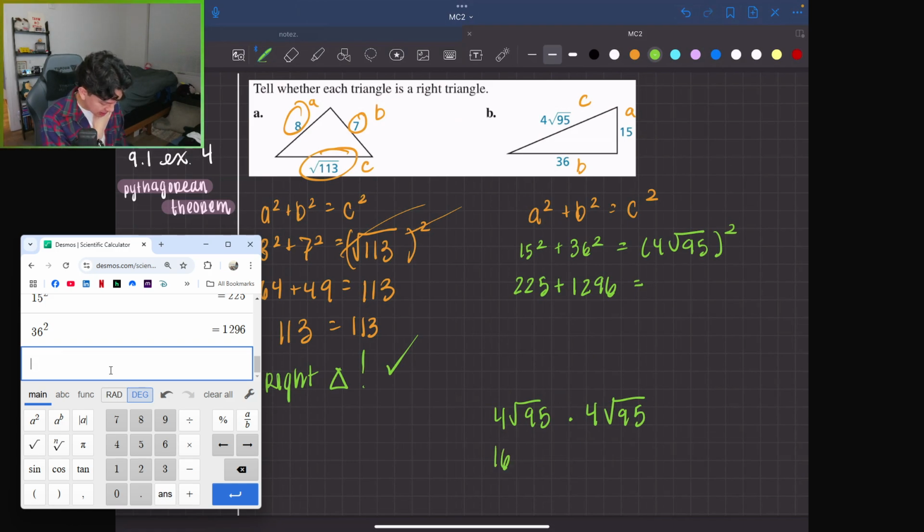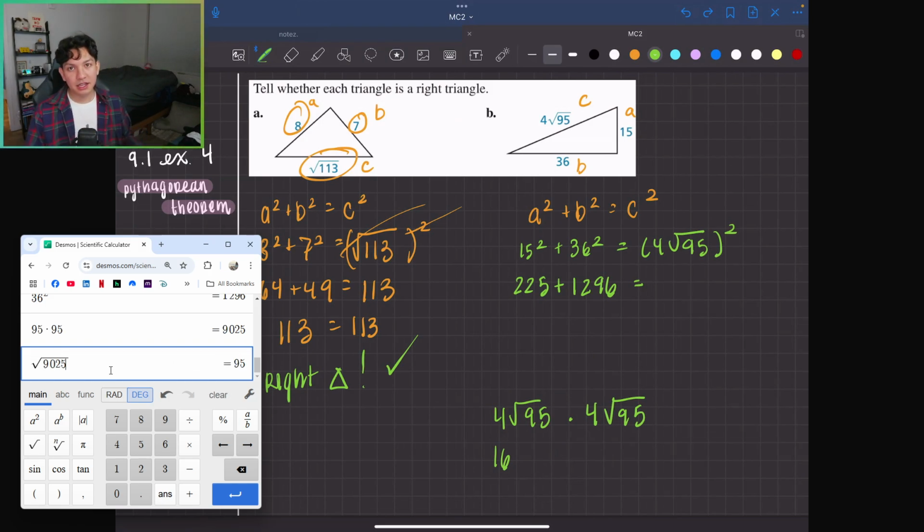And then the square root of 95 times the square root of 95 is what? 95 times 95 equals 9,025. I'm going to bet you $5,000 that the square root of 9,025 is 95. Let's see. It is 95.